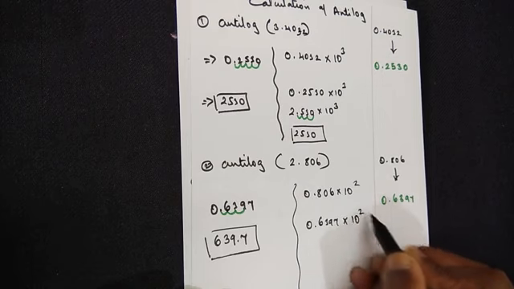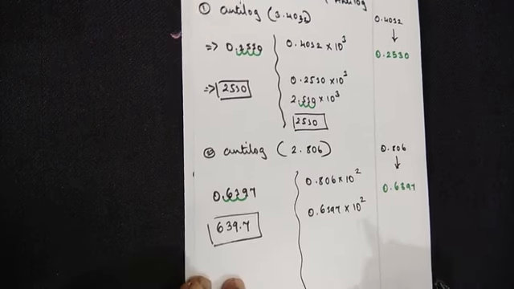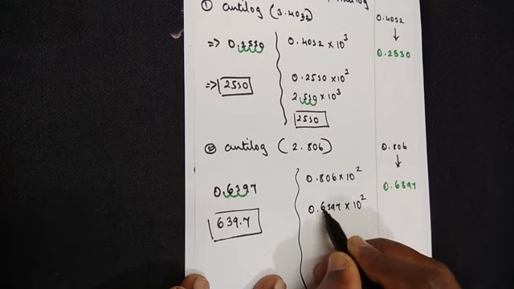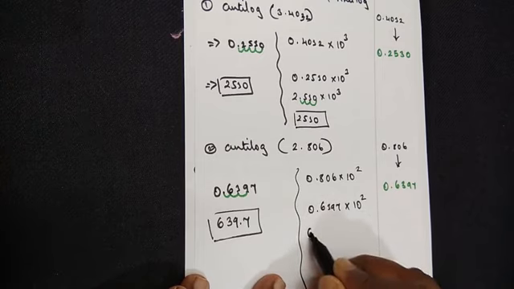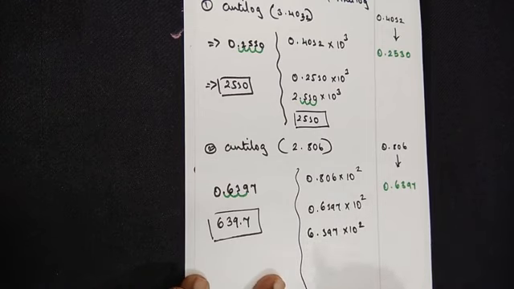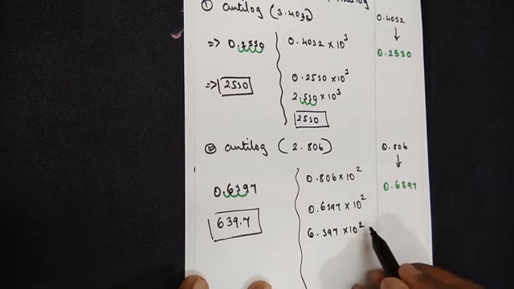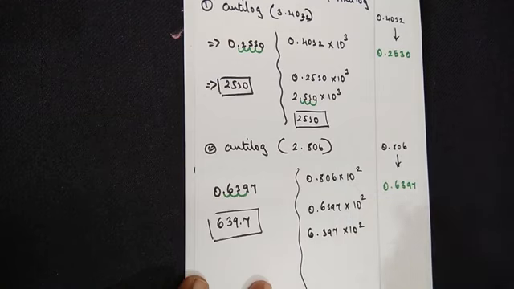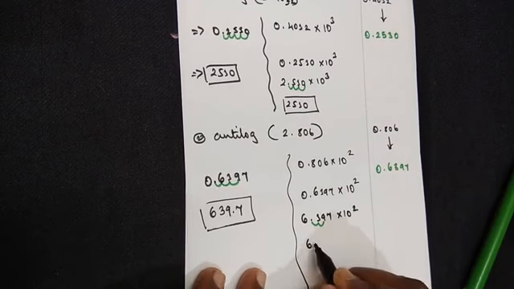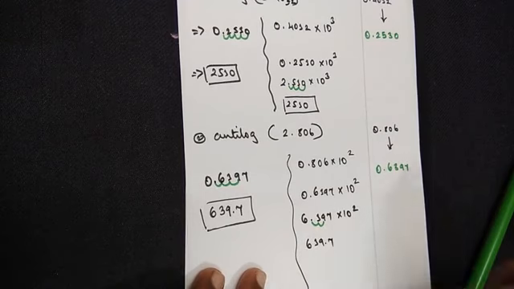Write this as it is, into 10 to the power 2. Now what's the one more clue we gave? When you are given 0, move one place towards your right. So you can write it as 6.397 into 10 to the power 2. Now 10 to the power 2, so how many places do you have to move? 2 places: 1, 2. This gives you the answer 639.7.